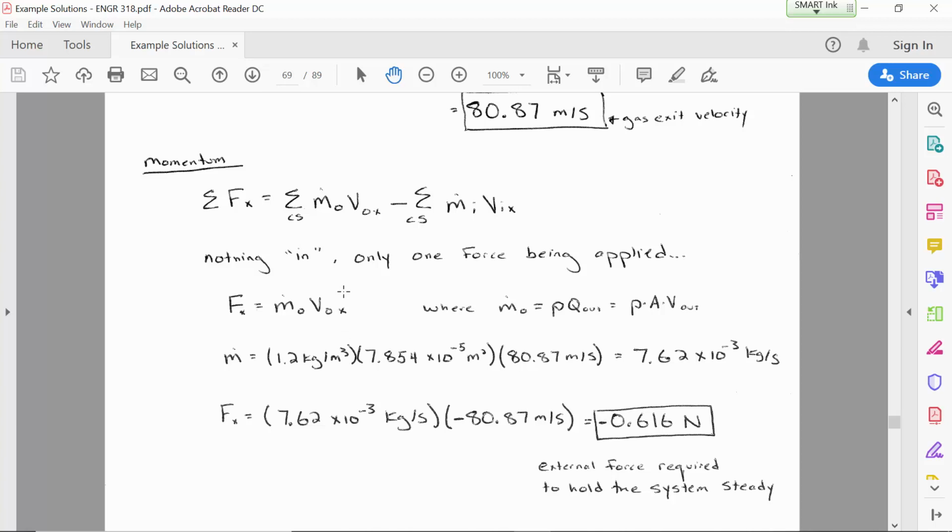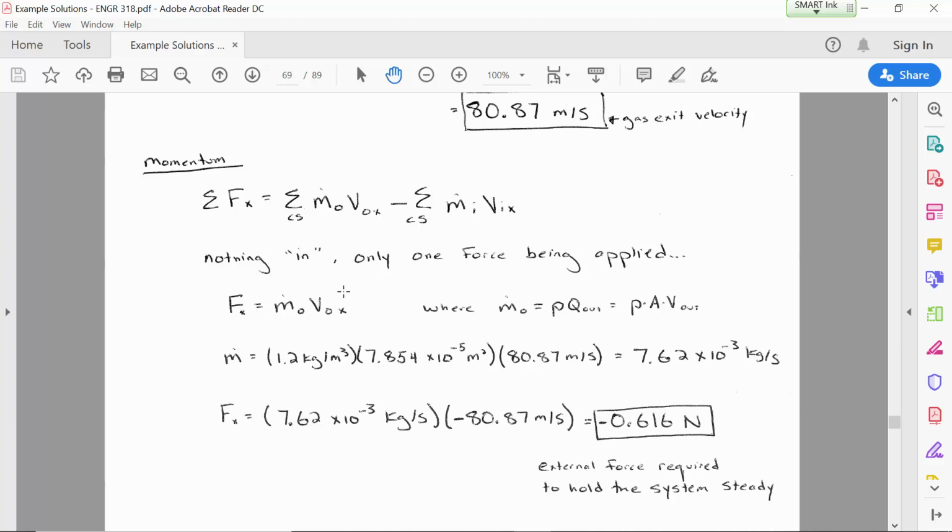Now, a word of caution. Since velocity is in both the mass flow term and we're multiplying it again by velocity, it can be tempting to say that your equation is going to be F of x is density, area, velocity squared.